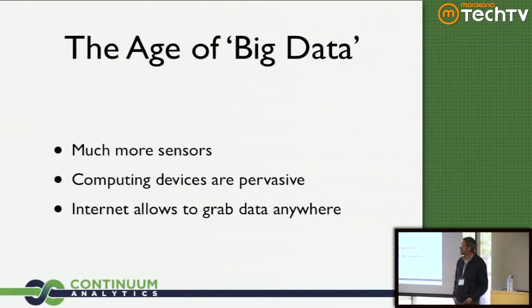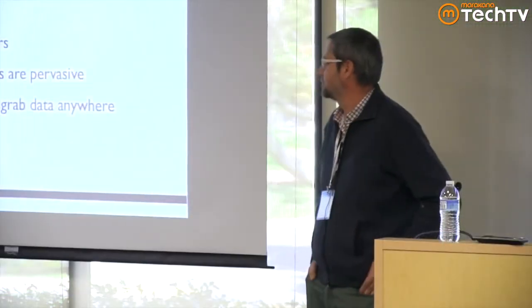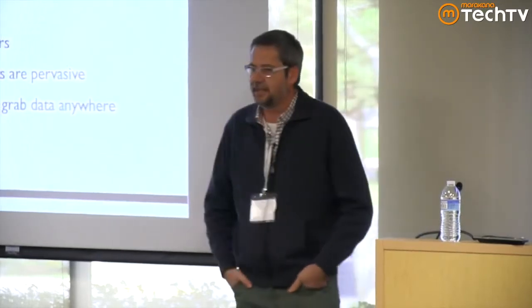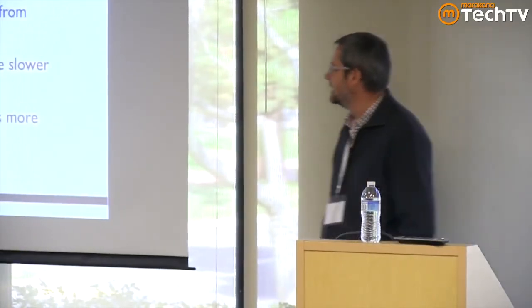Computing devices are pervasive. It is really amazing how much information you can transmit by using your smartphones. And it is also true that the internet allows you to grab data anywhere, and it is really easy to access and accumulate big data.